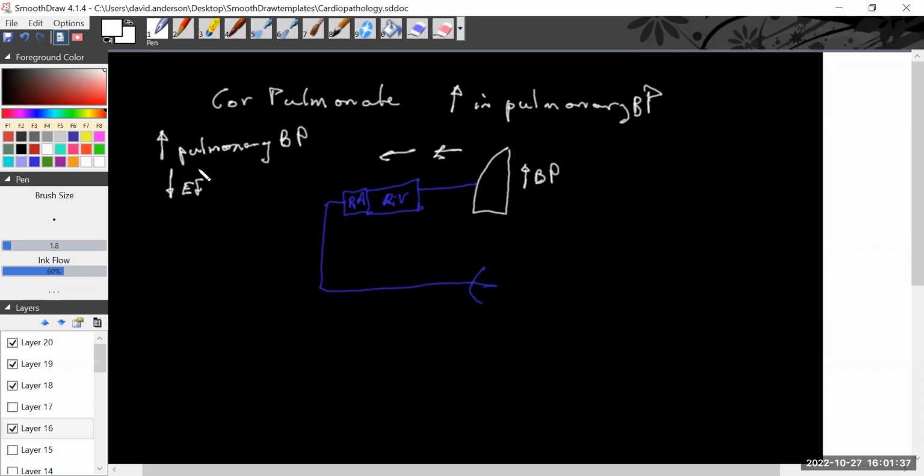So here's our sequence of events. High pulmonary blood pressure starts the problem. That forces the right ventricle to try to overcome an increased afterload. It's not able to do it.